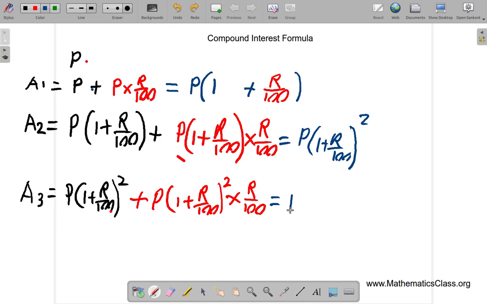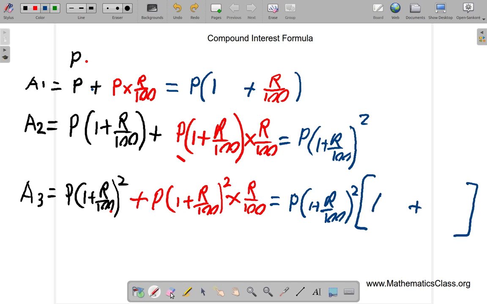What you have here is P times 1 plus r over 100 squared, then open a bracket. P times 1 plus r over 100 squared into P times 1 plus r over 100 squared goes one time, or you could say it is multiplied by 1. If you open back the bracket, it will give you P times 1 plus r over 100 squared.